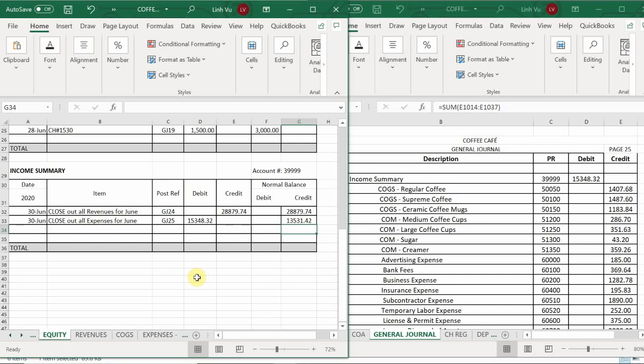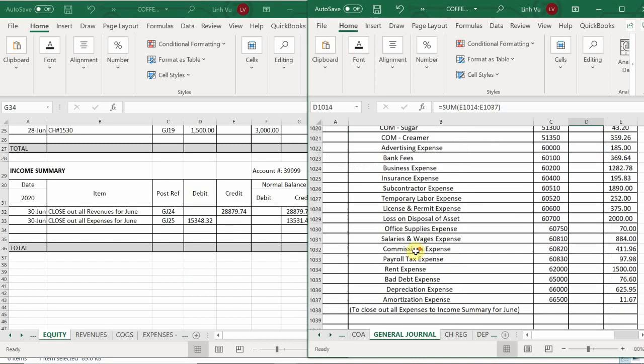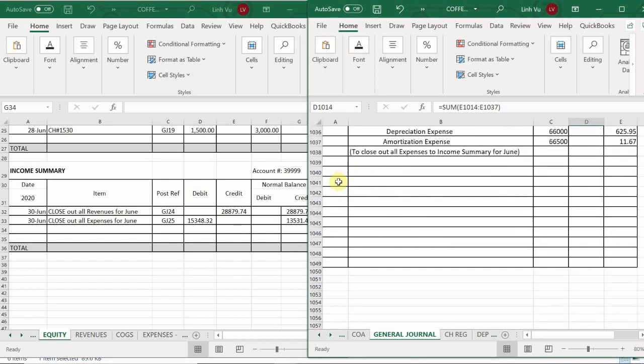The 13,531.42. That's the amount, but what kind of balance does it have? Like a debit or a credit? We have a credit balance. So how do we zero out our income summary? Debit the same amount. We're going to debit the income summary.